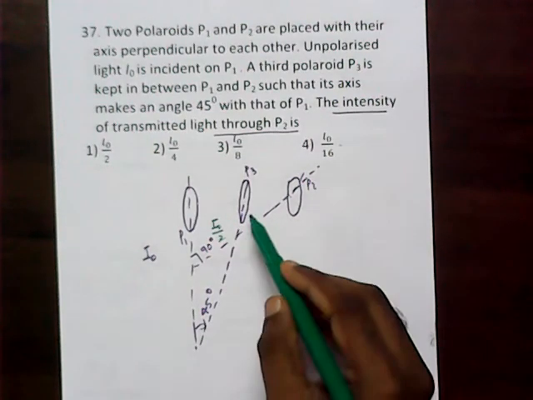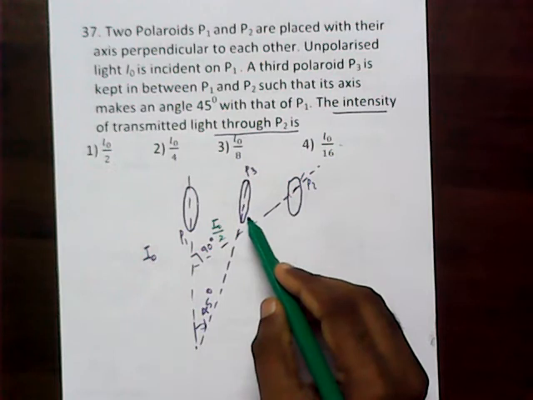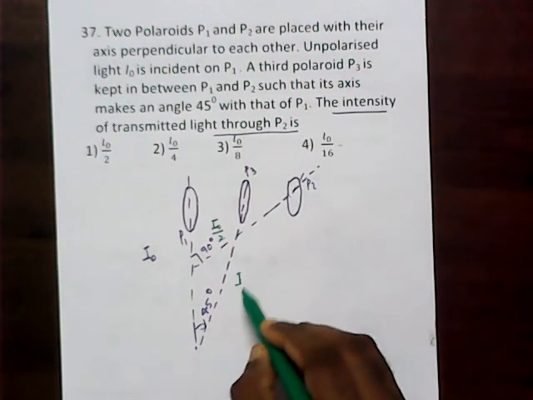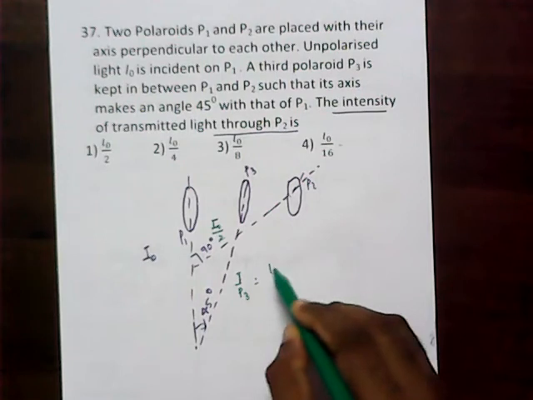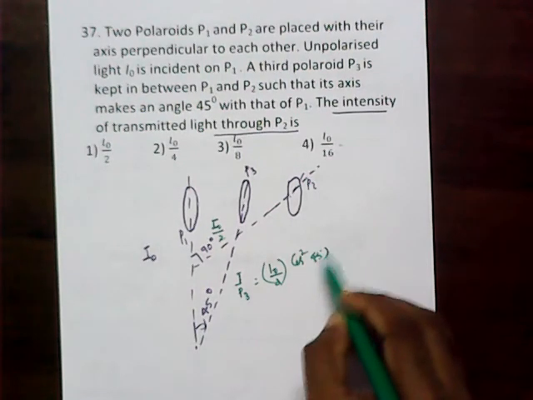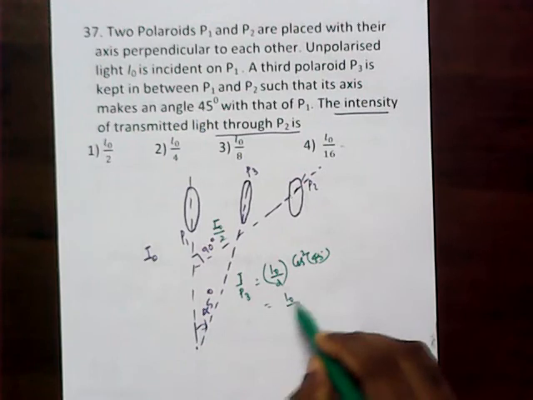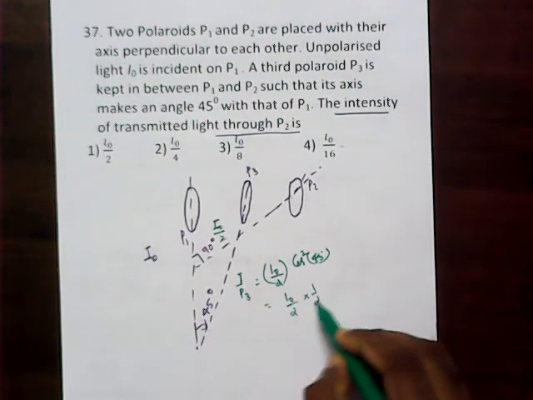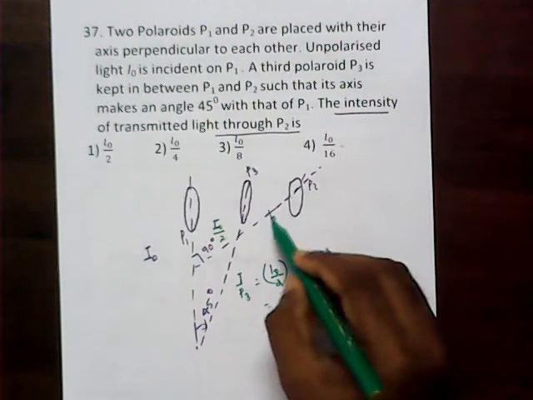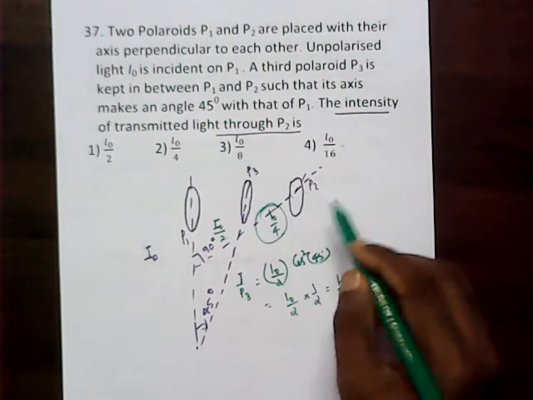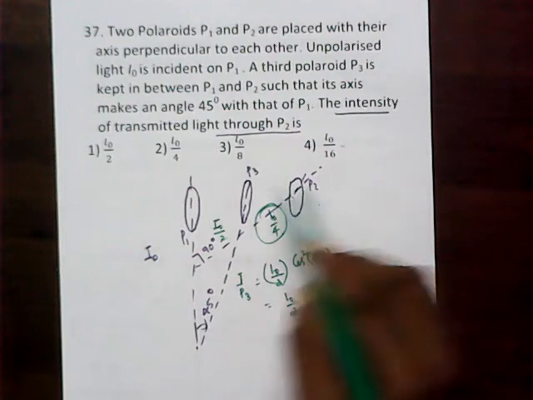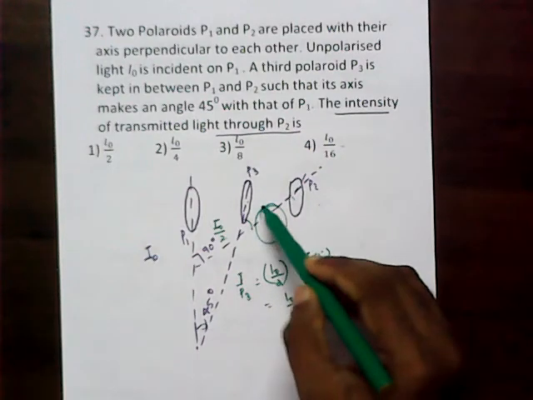Because of Malus's law, the intensity coming out from P3 is equal to I0 by 2 into cos square of the angle between them. So that is I0 by 2 into 1 by root 2 whole square, so it becomes I0 by 4. But what is the intensity coming from P2? P3 and P2 make an angle of 45 degrees.